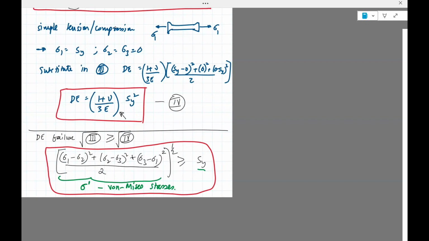Okay, now we can do this step which we've done earlier, which is for a two-dimensional case, can we compute the von Mises stress and compute the failure criterion? That's what we'll do next. Okay, so let's do that.